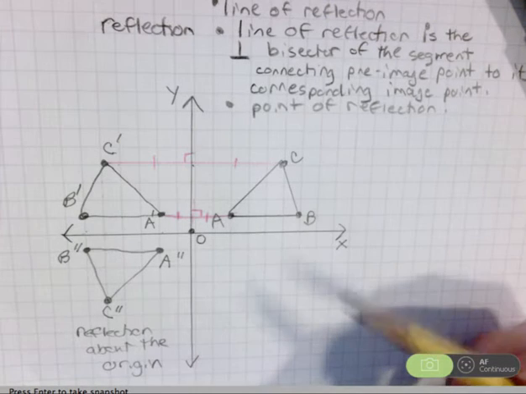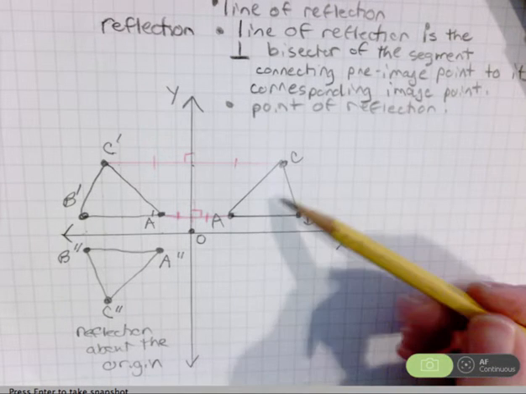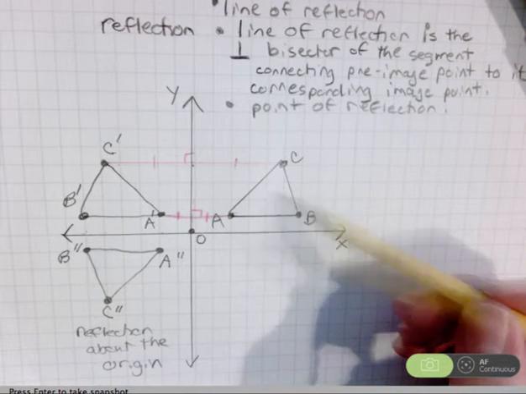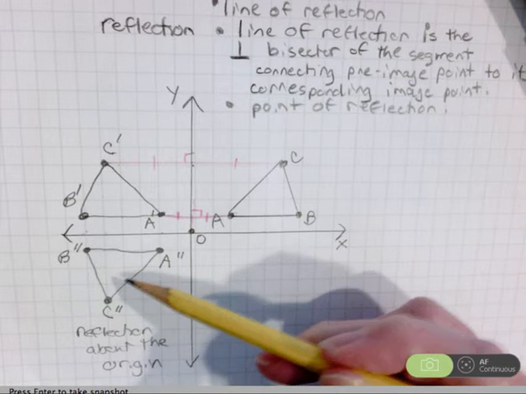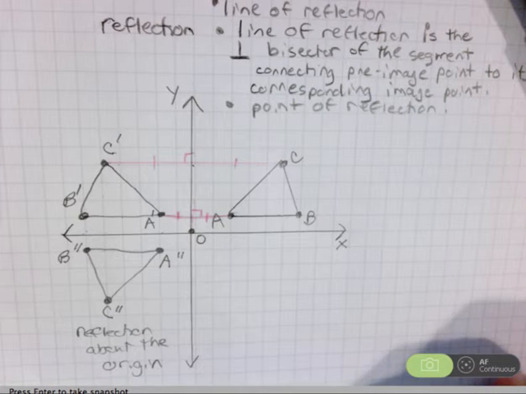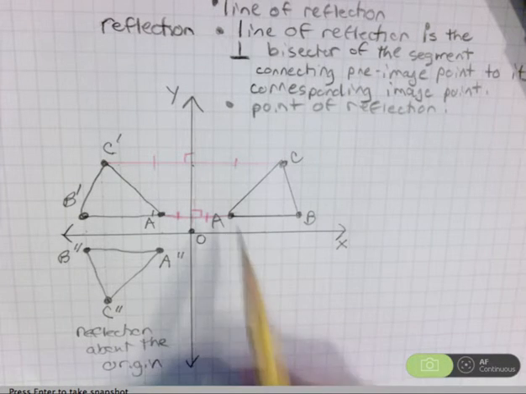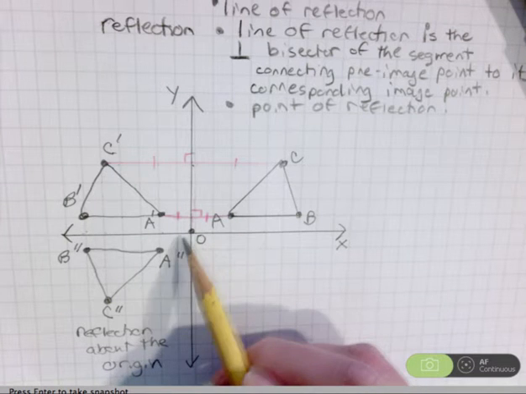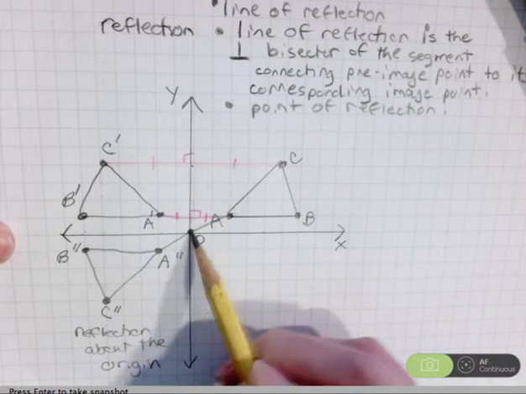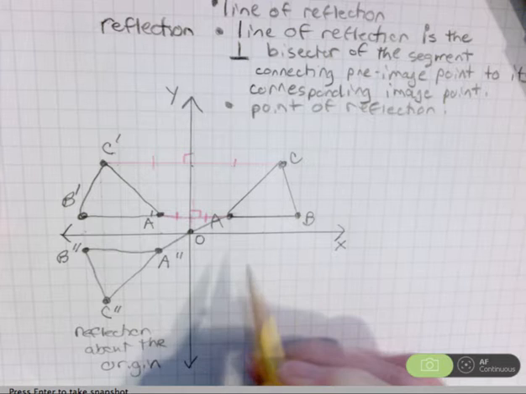When you reflect about the origin, you could also first reflect across the x-axis and then reflect across the y-axis. It doesn't matter what order you reflect across. Now I want to point out another thing. Notice that when you reflect across the origin, the coordinates of your points will just be negated.